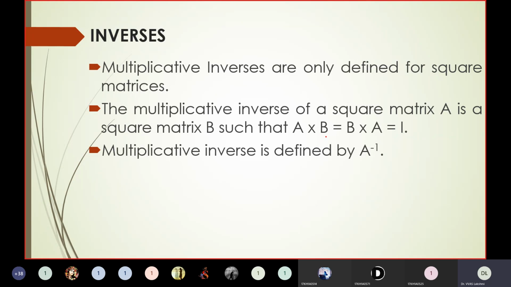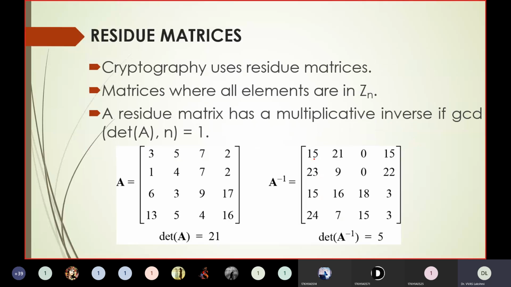So here B is the multiplicative inverse of A. Whenever A is multiplied with B, the same result is obtained as when B is multiplied with A. So both results are equal to the identity matrix. In that case, both of these are multiplicative inverses of each other. Another way to write it is A inverse. So A inverse is the multiplicative inverse of the matrix A.